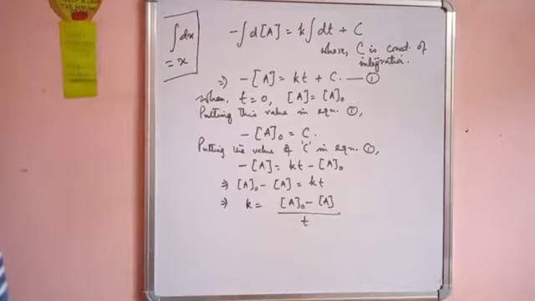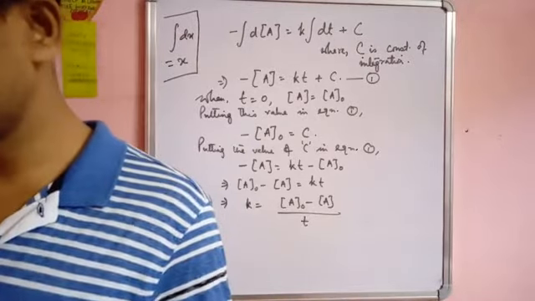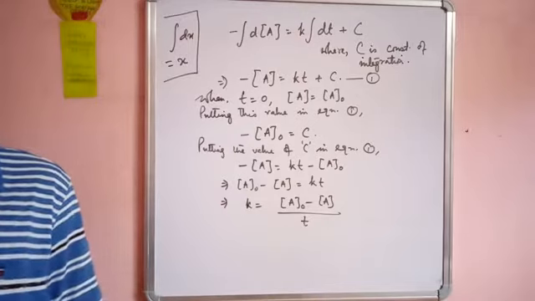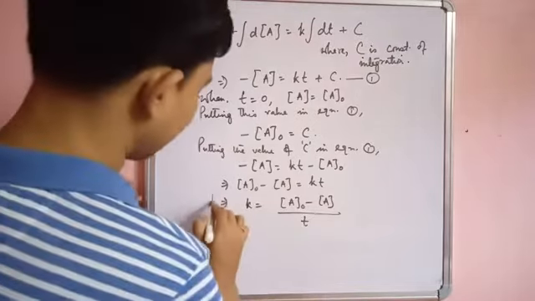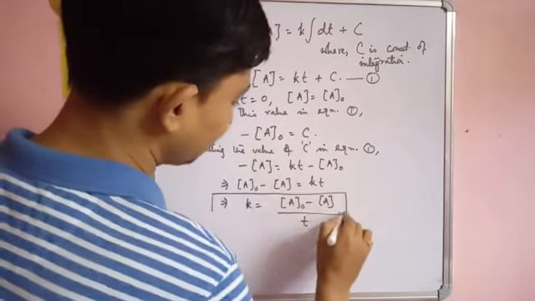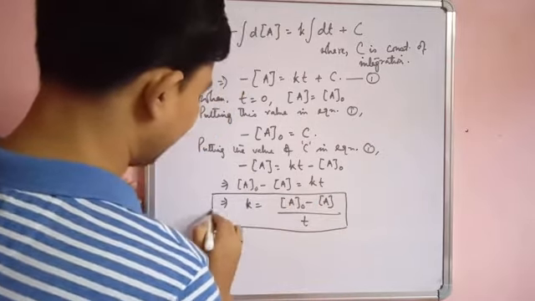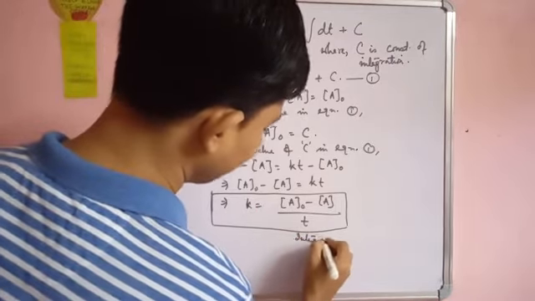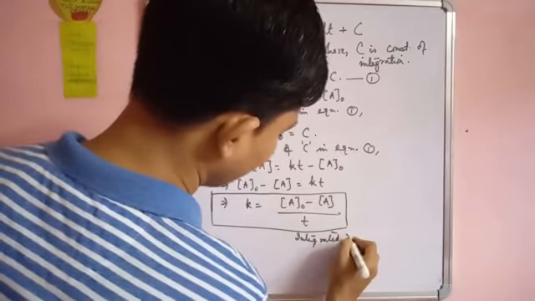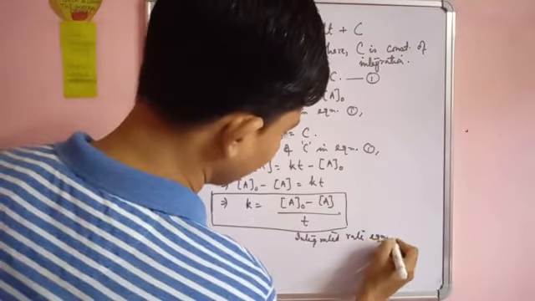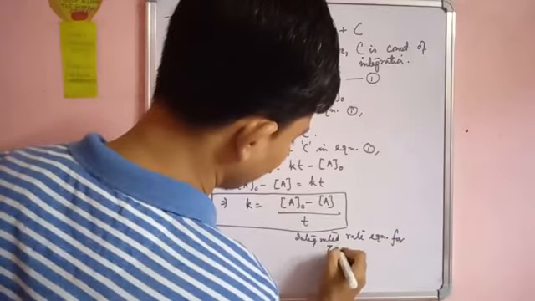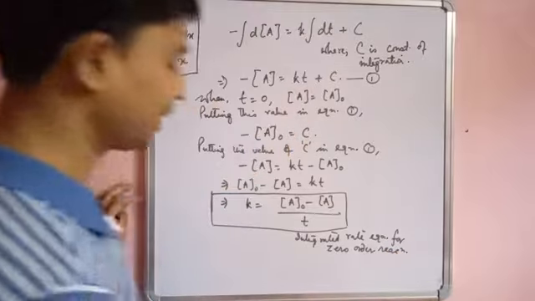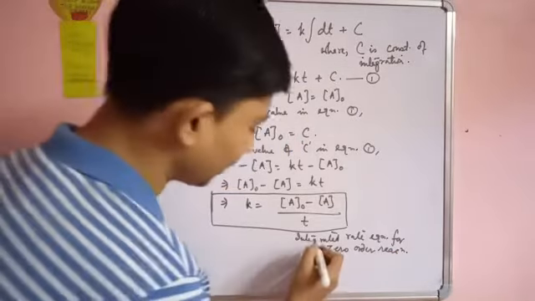This is called the integrated rate equation for a zero order reaction, that is, k is equal to ([A]0 minus [A]) by t.